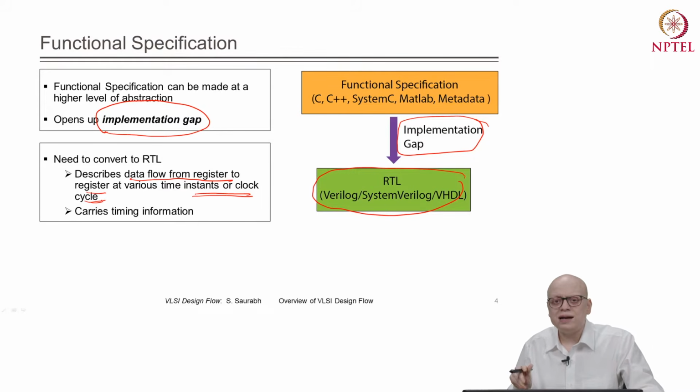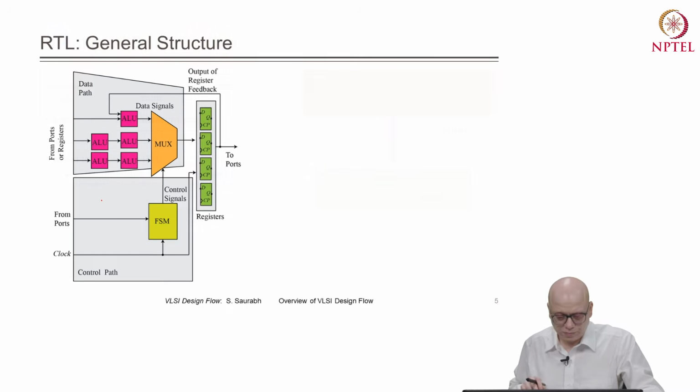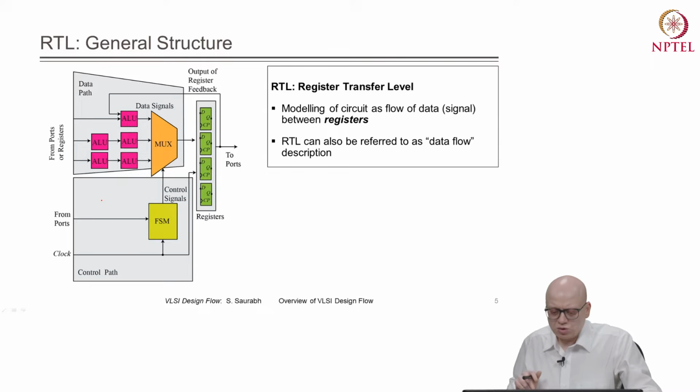Before that, let's understand briefly what an RTL is and what is the structure of a general RTL. In this figure, we are showing the general structure of an RTL. So in RTL, what we do is model the flow of data between registers, and therefore RTL can also be called a data flow description.